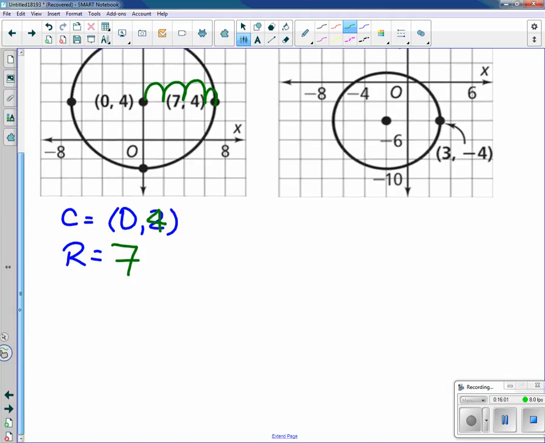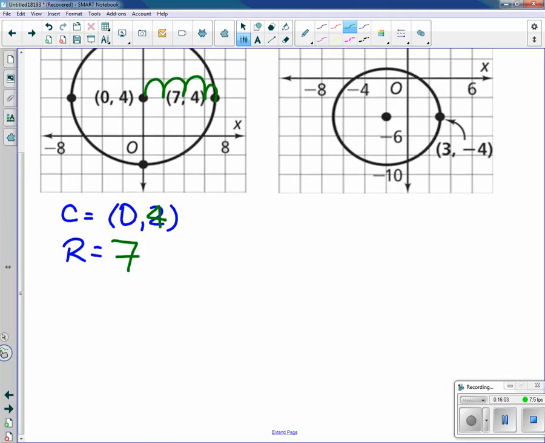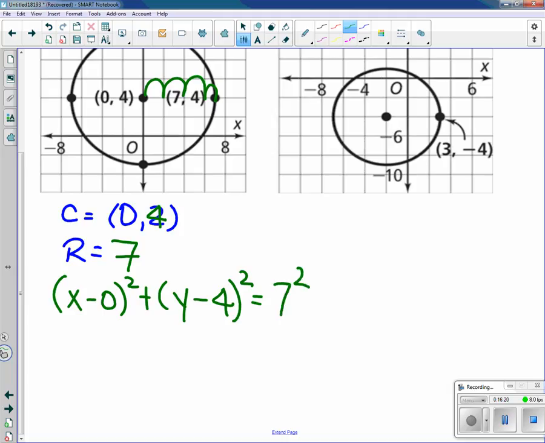So if I were to write this equation, a lot of y'all would have written it like this: x minus 0 squared plus y minus 4. Why is it minus 4? The opposite. Equals 7 squared.